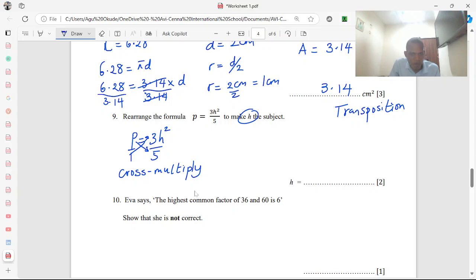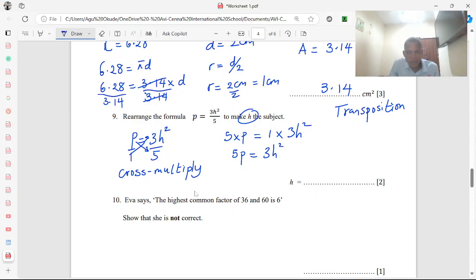So I have 5 multiplying P, equal to this one will multiply 3h squared. So 5 times P is 5P, is equal to 3h squared.